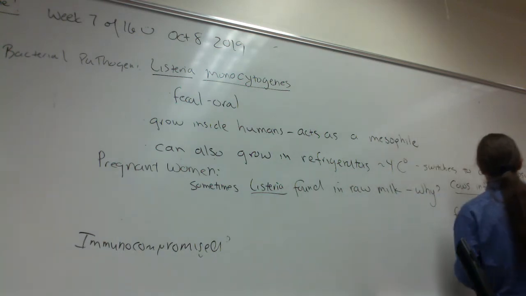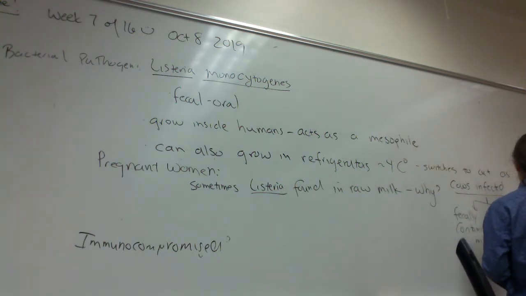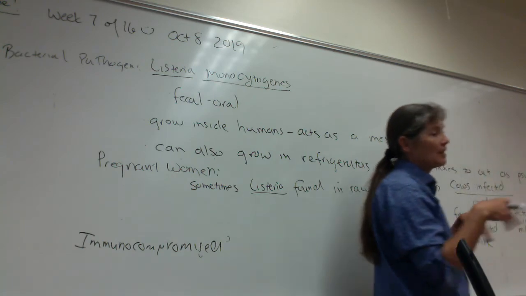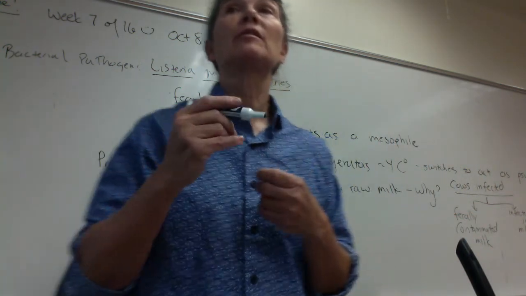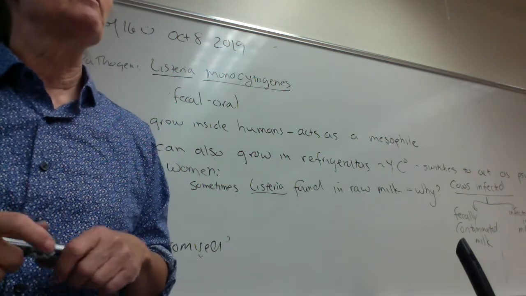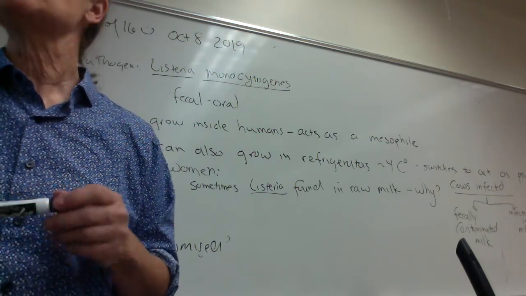So when the cows get infected, we can have infected monocytes, macrophages in the milk, right? And so if the infected monocytes or macrophages are in the milk and they're carrying the Listeria, that's another way the milk gets contaminated. Not a problem if the milk is pasteurized. Big problem if it's not.